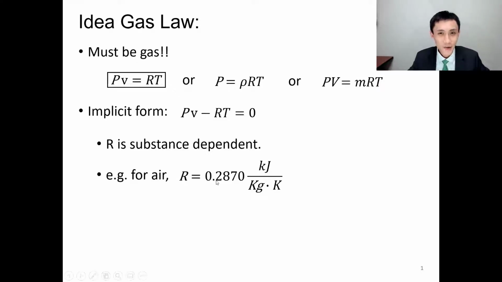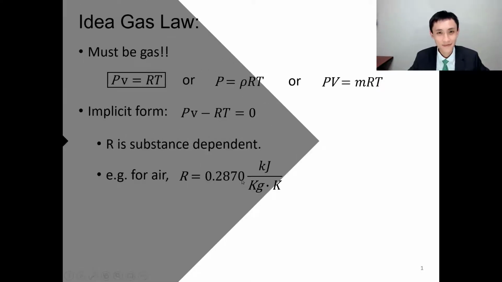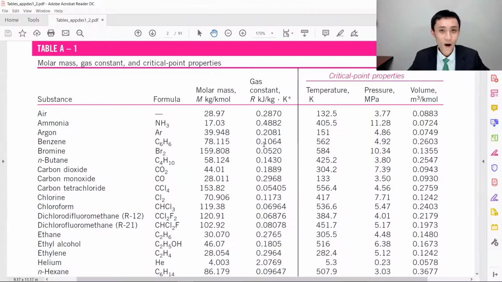Let me show you how to get this gas constant. Here is the table where you can find the gas constant value. Like we said, it only depends on the substance. For example, if it's air, then the number is 0.2870. If it's argon, then the number is 0.2081.